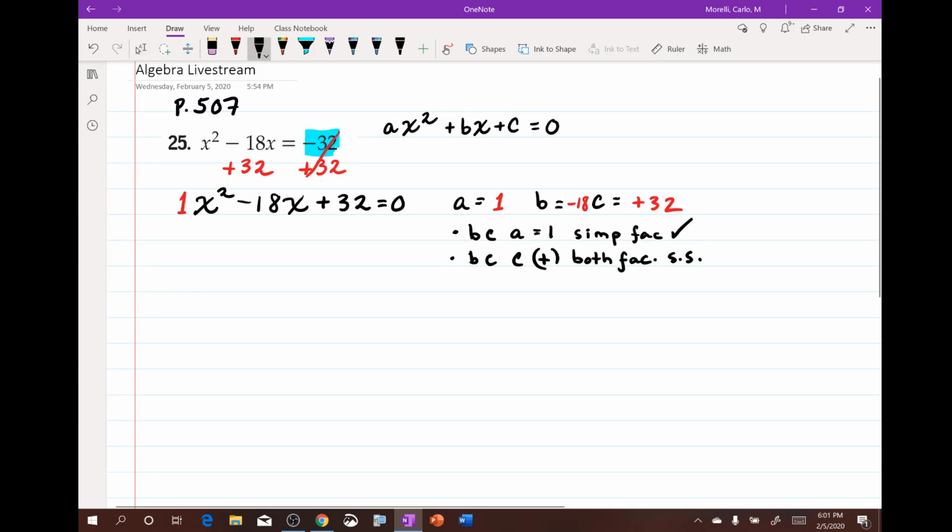Now, because C is positive and B is negative, both factors will be negative. Now, I'm going to do another one. Because A is greater than 0, the shape of the graph will be an upward sloping curve.